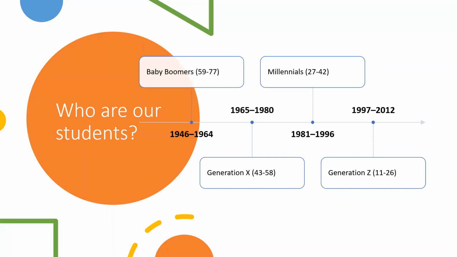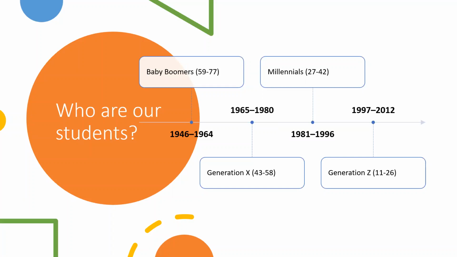So we have our baby boomers, born between 1946 and 1964-ish. They tend to prefer traditional learning methods like lectures, textbooks, face-to-face interaction. They tend to appreciate structured learning environments. They might prefer instructor-led training. They value the expertise of the teacher.